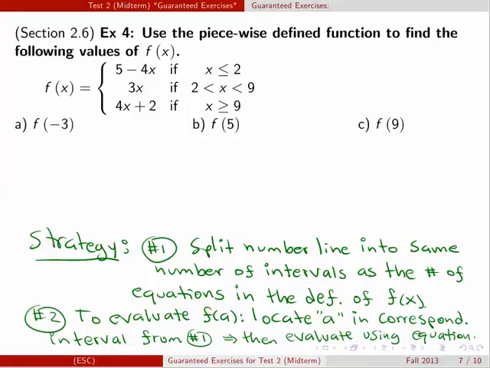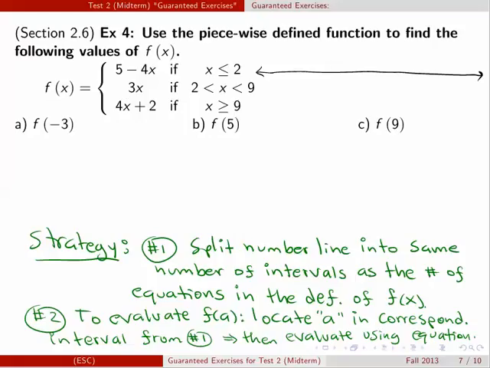So let's start by splitting the number line into, in this case, 3 intervals, since we have 3 equations here in the definition for the piecewise function. We do the splitting by using these endpoints.